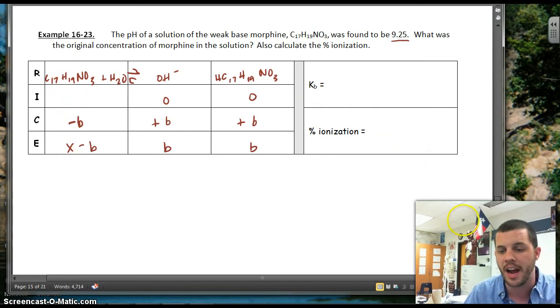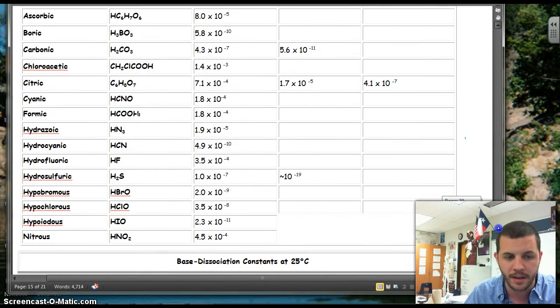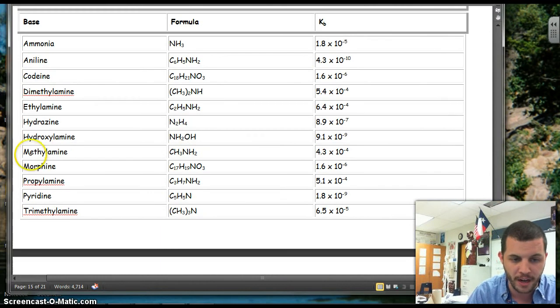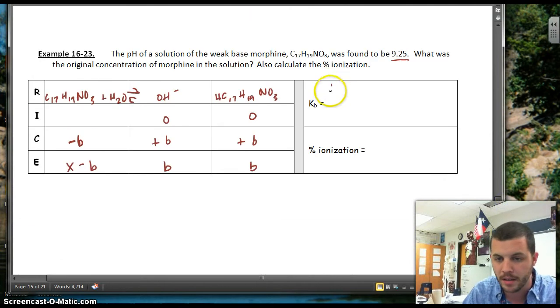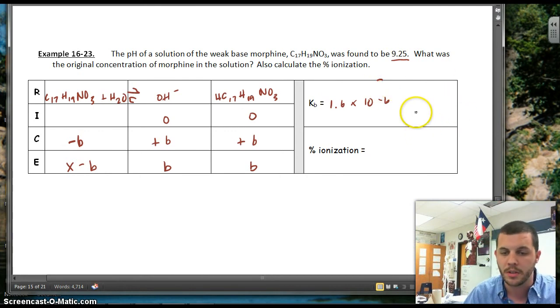Now, I know that I have a Kb value for morphine. If I come down here and look at morphine, my Kb is 1.6 times 10 to the negative 6. We're going to need that, okay? So that's my Kb number.